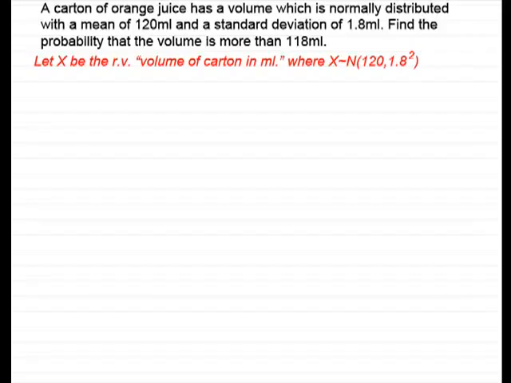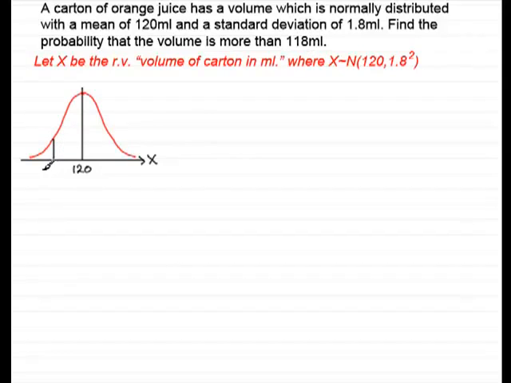Next, I'd want to draw a sketch of the distribution, label the axis x, which represents the volume of the carton in milliliters, and mark in the central value, the mean, which we know is 120 milliliters. Then the observed value 118 milliliters, which we'll put over here.